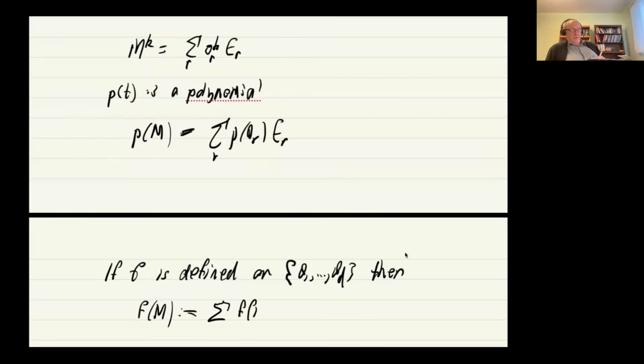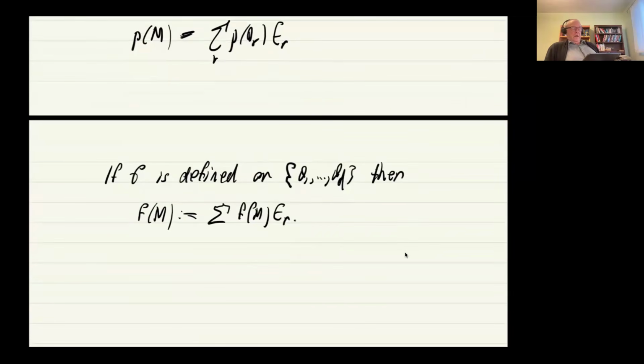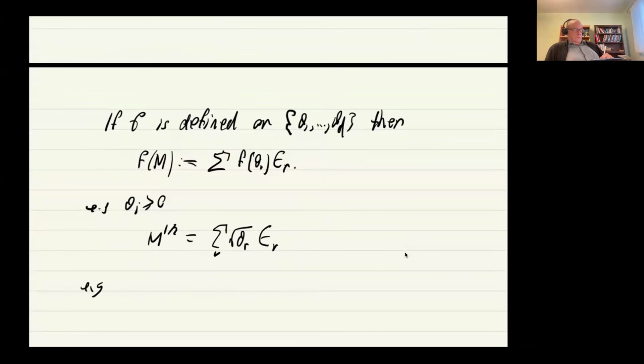So for example, if the theta r are non-negative, then M to the 1/2 is the square root, the sum of the square root of theta r E_r. And the exponential of M is the sum of e to the theta r E_r, and so this gives me a formula for the exponential of a normal matrix.